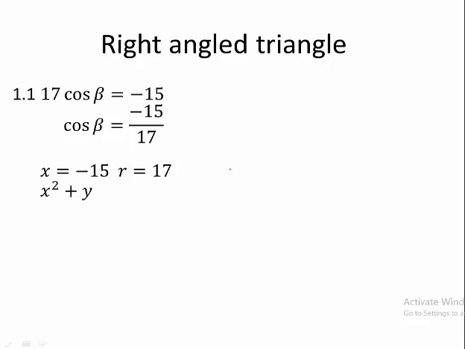Now you then need to put in your Pythagoras formula, which is x squared plus y squared is equal to r squared. Once you have done this, you are going to substitute the information which you have at the top in order to find your y, right? So firstly, you know your x is negative 15, and you don't know your y squared, and you know the r. So the r is 17.